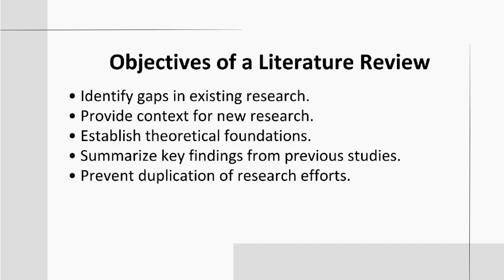Establishing theoretical foundations. Theories and frameworks developed in past research serve as a basis for new investigations. Summarizing key findings. A well-structured literature review synthesizes knowledge to create a clear and comprehensive understanding. Preventing duplication. It ensures that researchers do not unintentionally repeat previous studies but rather build upon them for further advancements.